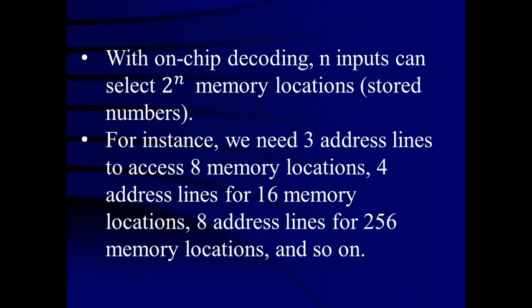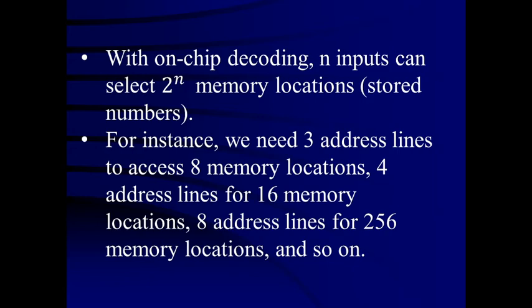This way, with online decoding, n inputs can select 2 raised to n memory locations. N indicates the number of inputs. Here we have 3 inputs, ABC. So 2 raised to 3, 8 combinations are going to be possible, so 8 address lines are possible.